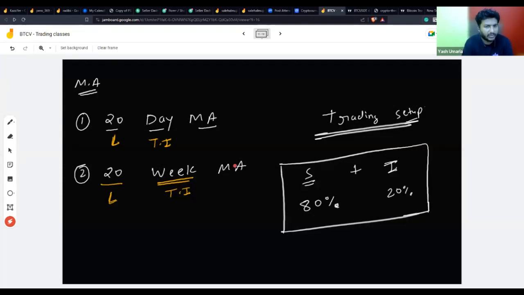But the 20-day moving average provides us the sentiment of the market for the short term. That short term can be 2 weeks, 3 weeks, 4 weeks, something like that. The 20-week moving average provides us the sentiment of the market for the long term. Long term means a year or half a year, 1.5 years, something like that.